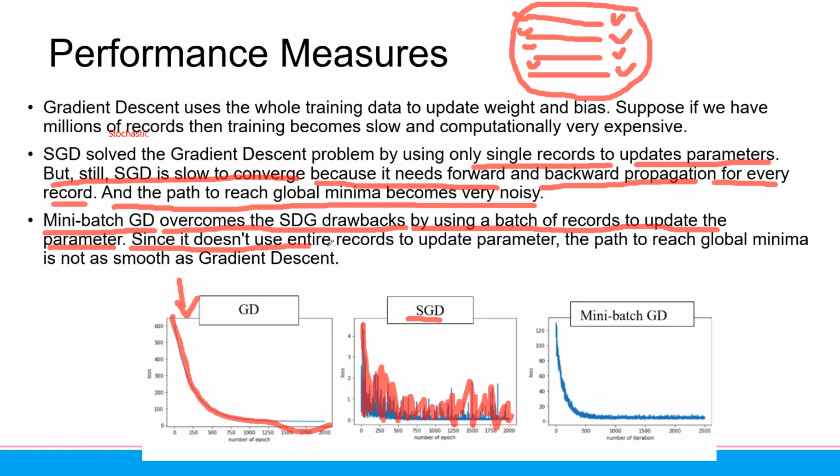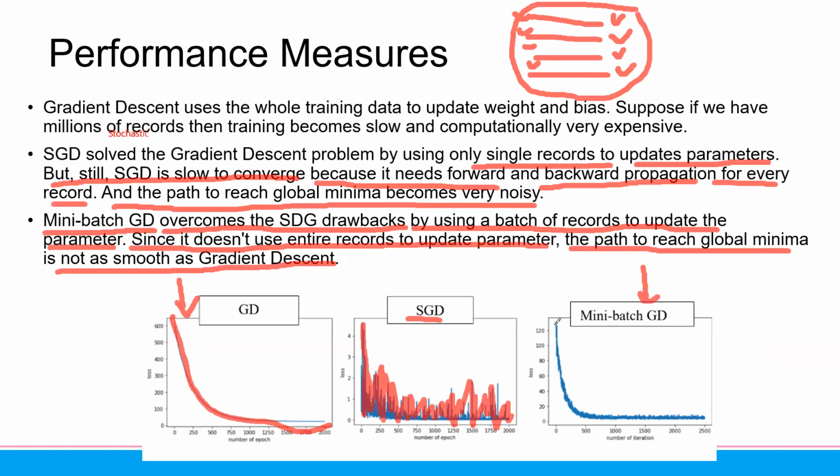Since it does not use the entire records to update parameters, the path to reach the global minimum is not as smooth as gradient descent. So this is the result from the mini batch gradient descent.